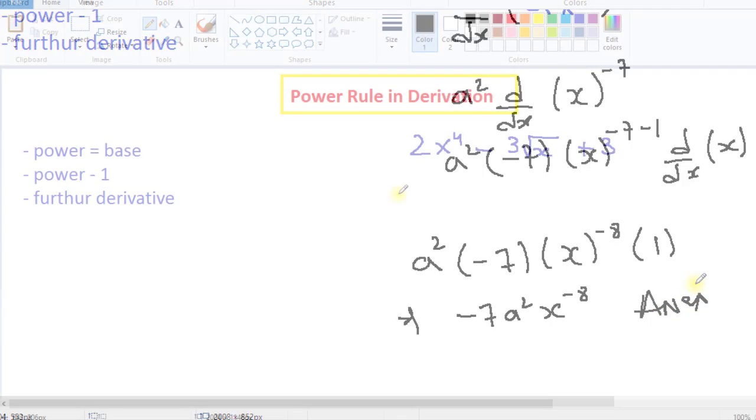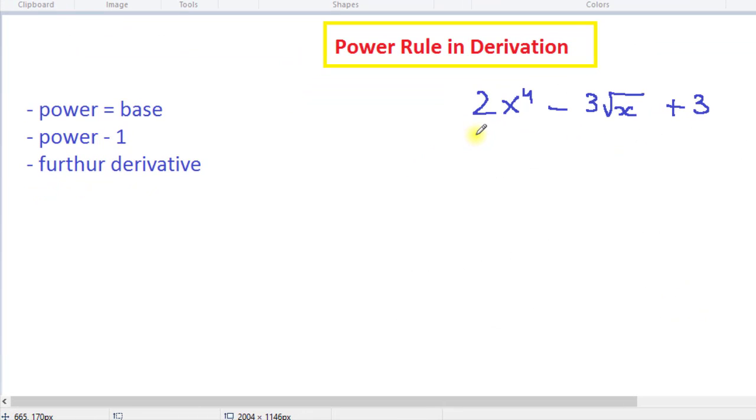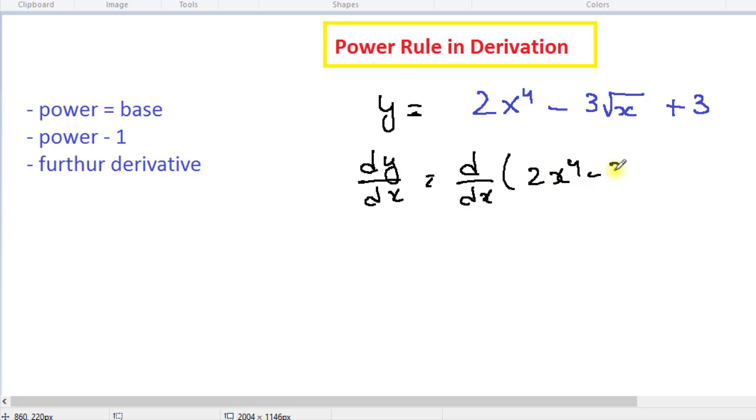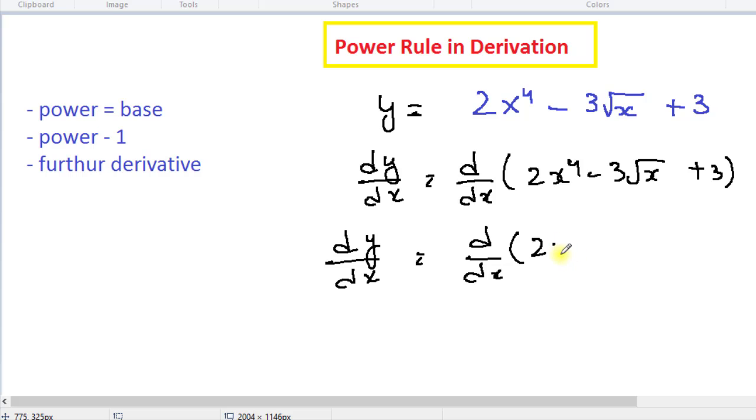You got it? Well then, our third example is 2x power 4 minus 3 under root x plus 3. Let's suppose y is equal to this, and now we will differentiate with respect to x on both sides, dy by dx and d by dx of 2x power 4 minus 3 under root x plus 3.